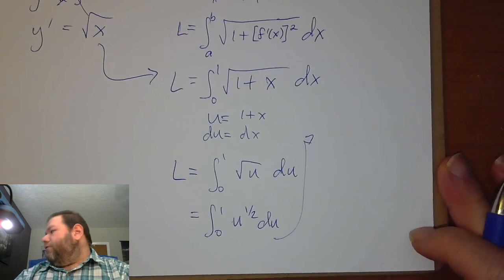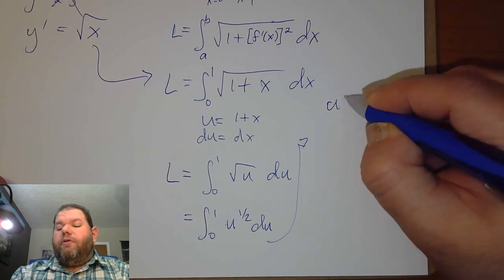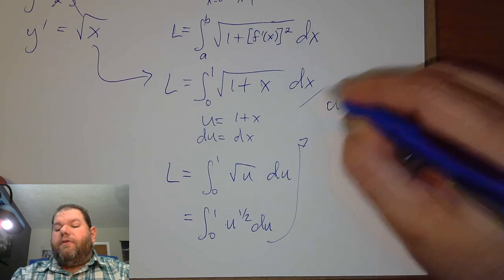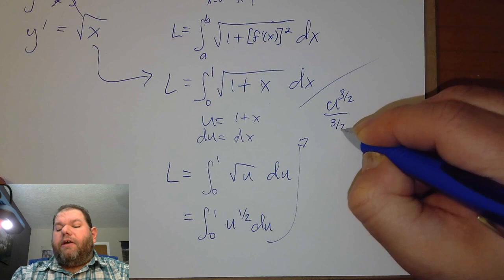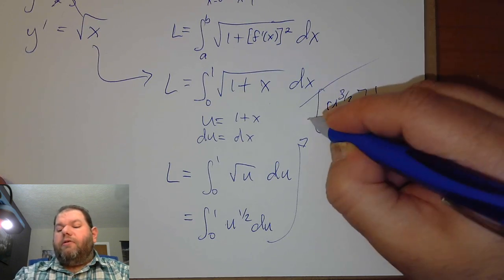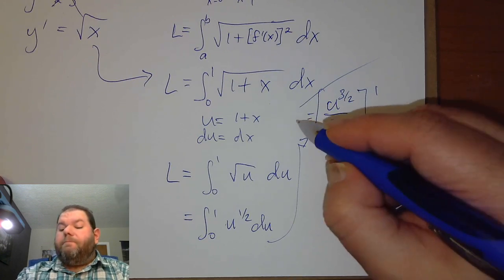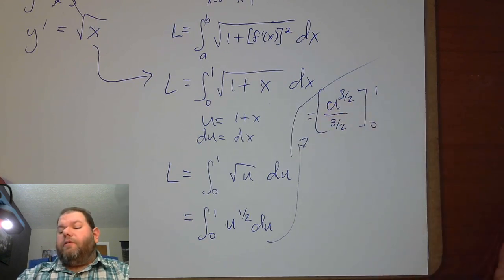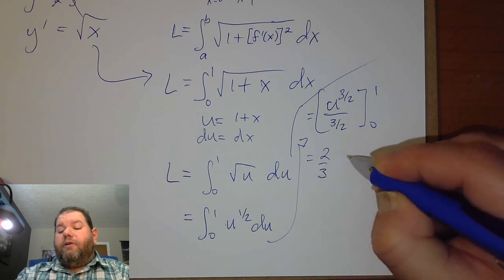The integral of u to the 1/2 is u to the 3/2 divided by 3/2, which would be 2/3.